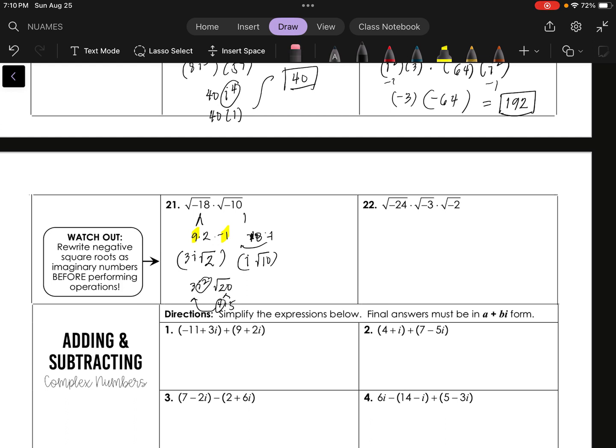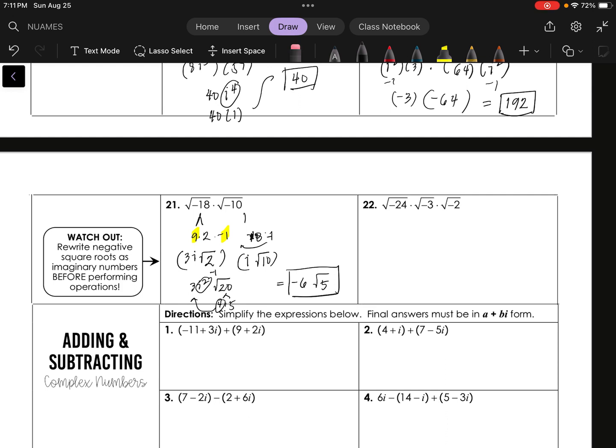But i squared is a -1, right? So your numerical coefficient gives you a -6 because extracting the square root of 4 gives you 2. 2 times 3 is 6, and i squared is negative 1, therefore you got negative 6. And then from there, you're only left with 5 inside that radical sign, and that's your final answer.